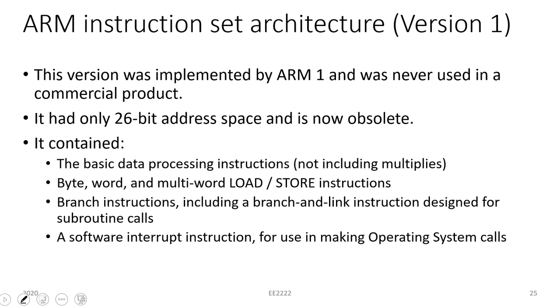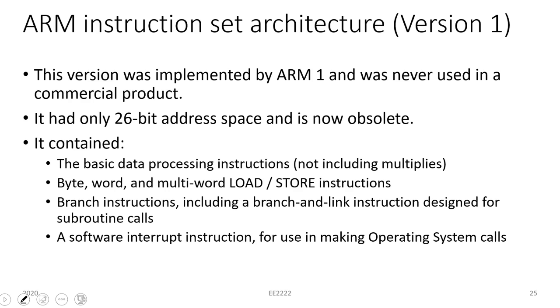Then when talking about the particular instruction set architecture of ARM devices, there's the ARM instruction set architecture. We are not going to go into the details of different versions of the instruction set architecture, but suffice to say with each iteration there are new additions and new improvements.